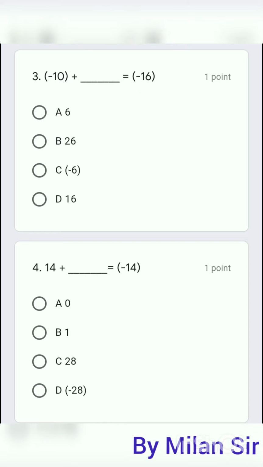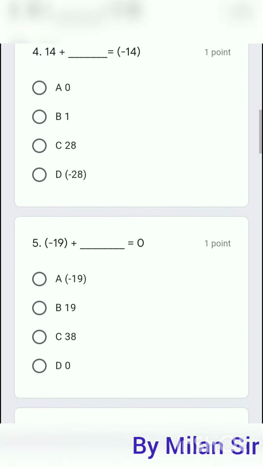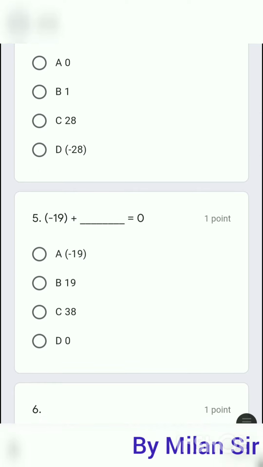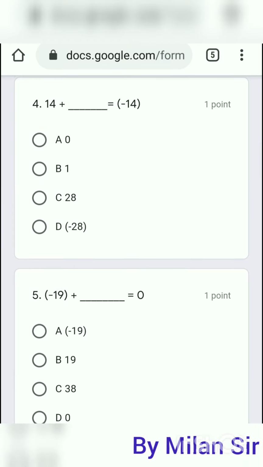Okay, after that question number 4. Here 14 plus blank and 14. Okay, 14 plus blank and 14. Again you can put here the x. Okay, in right hand side we have minus 14.